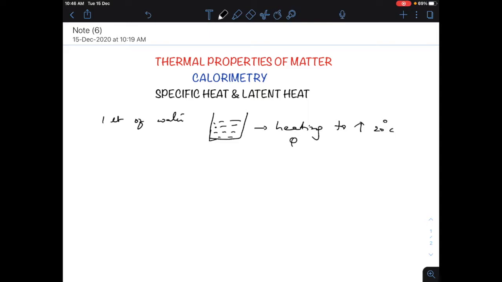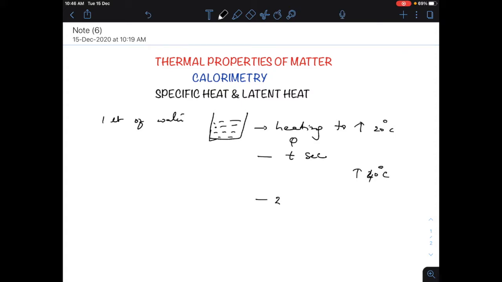Let's say I use a stop clock and measure the time taken. Let's say it takes t seconds. Now I repeat the same thing by raising it to 40 degrees centigrade.